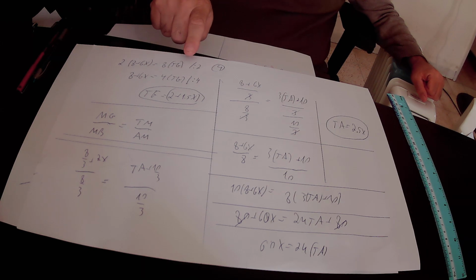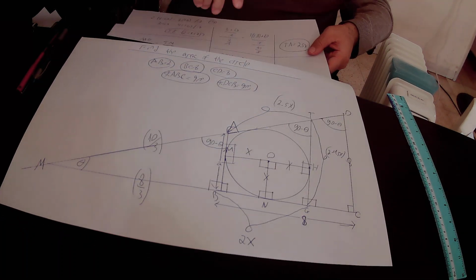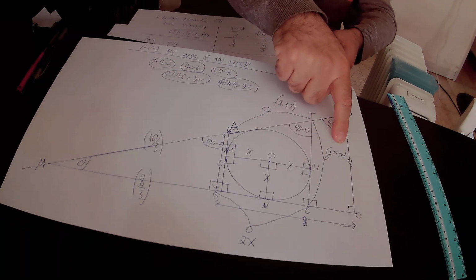Then we divided this equation by 4 and found out that TG, the length of line segment TG, equals 8 over 4, which is 2, plus 6x over 4, which is 1.5x. So in total TG equals 2 plus 1.5x.